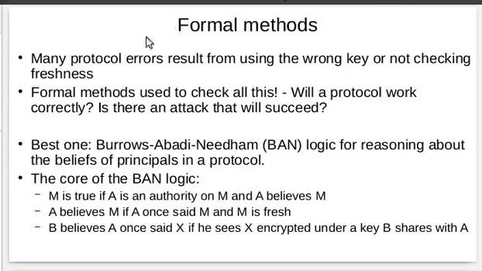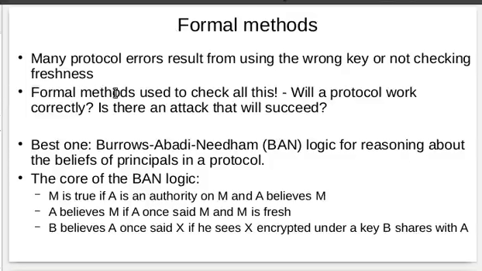They're sort of extra. So there are formal methods for validating protocols. There are many protocol errors that result from using, let's say, the wrong key or not checking freshness, things like that. And we saw examples of these as we went through protocols. So what are formal methods?